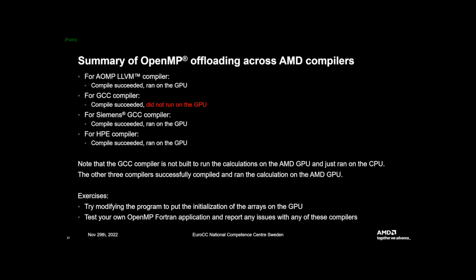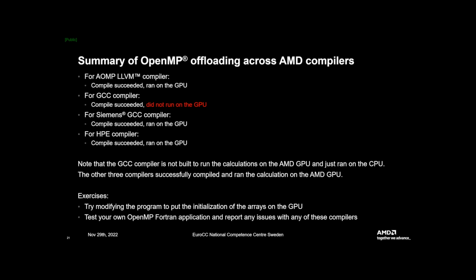The GCC compiler right now, the default one on the system, is not built with support for the AMD GPU. So it will run, but it's not running on the GPU. You have to go through a special process to get the GCC compiler built with support. You can load the Siemens compiler using the module for Siemens, and that will run on the GPU successfully.